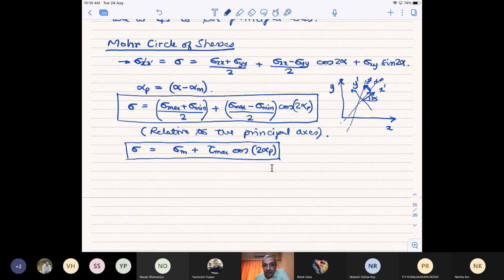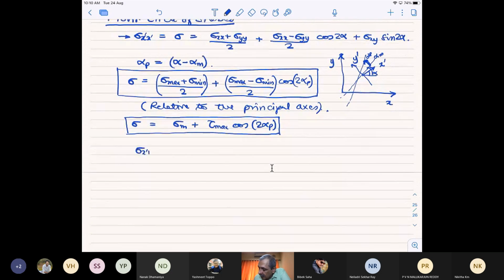And then similarly, we can write down our shear stress, sigma x'y'.